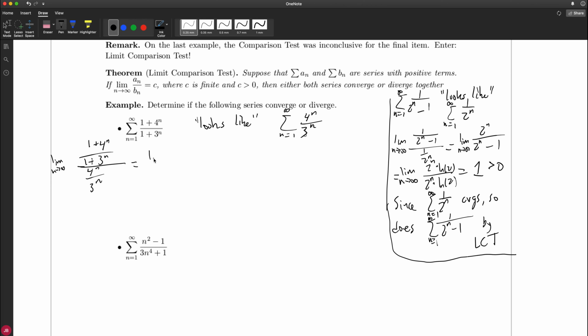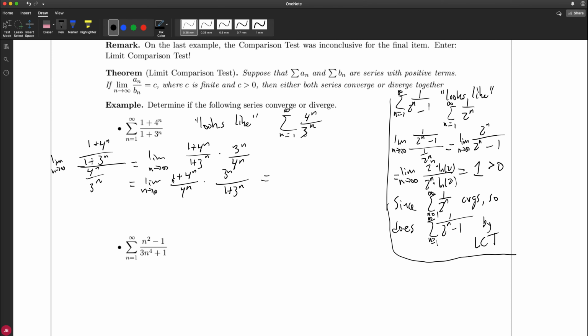All right, well, this is the limit as n goes to infinity. I can flip and multiply the bottom, so I get 1 plus 4 to the n over 1 plus 3 to the n times 3 to the n over 4 to the n. And now I'll use a little bit of ingenuity here. This is 1 plus 4 to the n over 4 to the n times 3 to the n over 1 plus 3 to the n. And moving forward, anytime, oh, sorry, that should be 4 to the n.